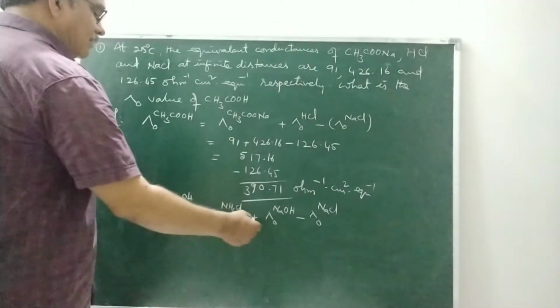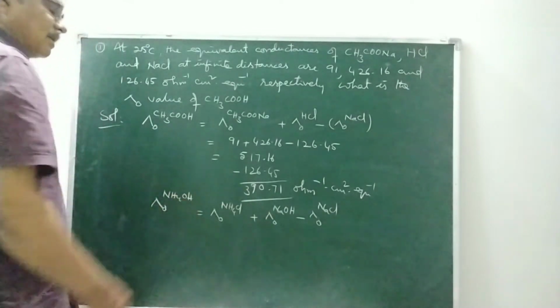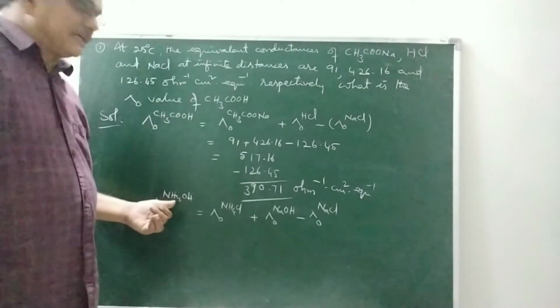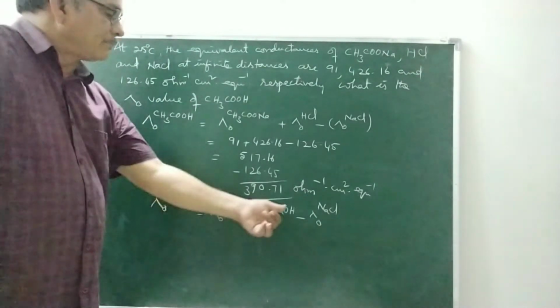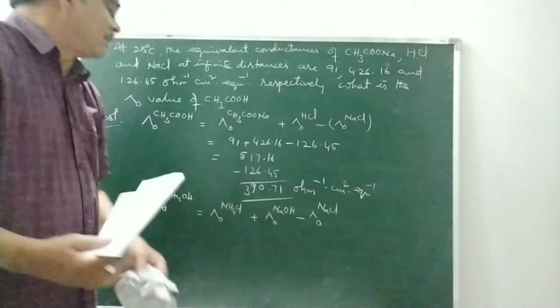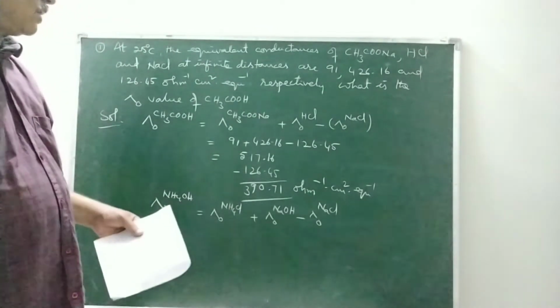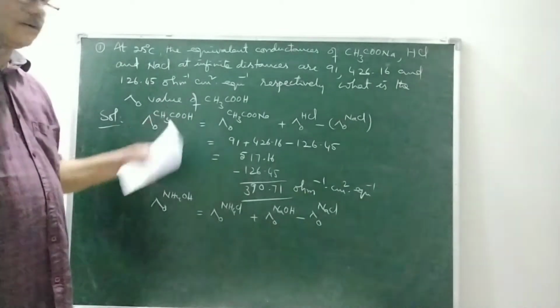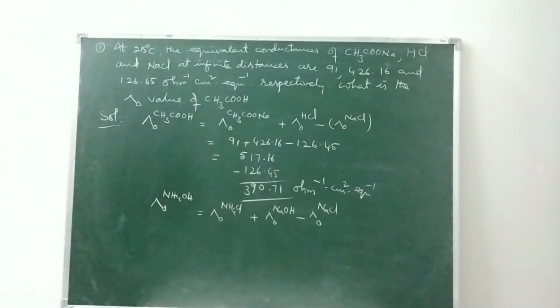According to Kohlrausch law, the sum of these two becomes lambda naught NH4OH. So it is a weak base. Its lambda naught value can be determined using the values of lambda naught NH4Cl, lambda naught NaOH, lambda naught NaCl, etc.